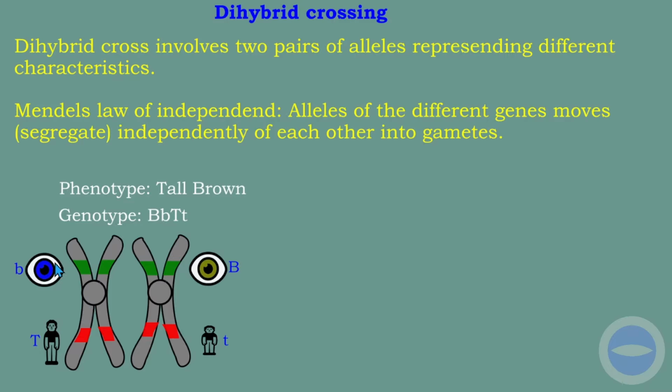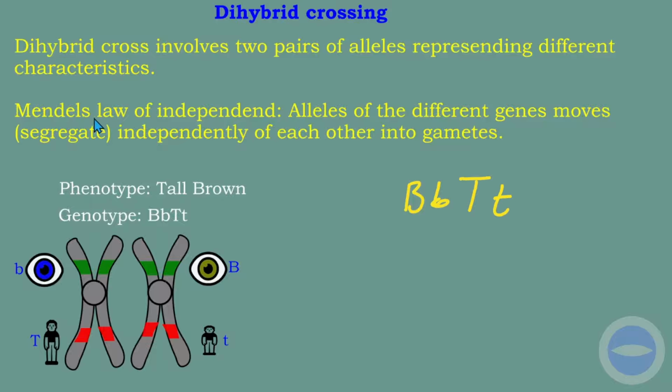So we have blue color, we have brown color, and then we have tall and short. So the genotype is Bb TT, and the phenotype is tall and brown. So if we write the genotype, we have B, b, T, and T.